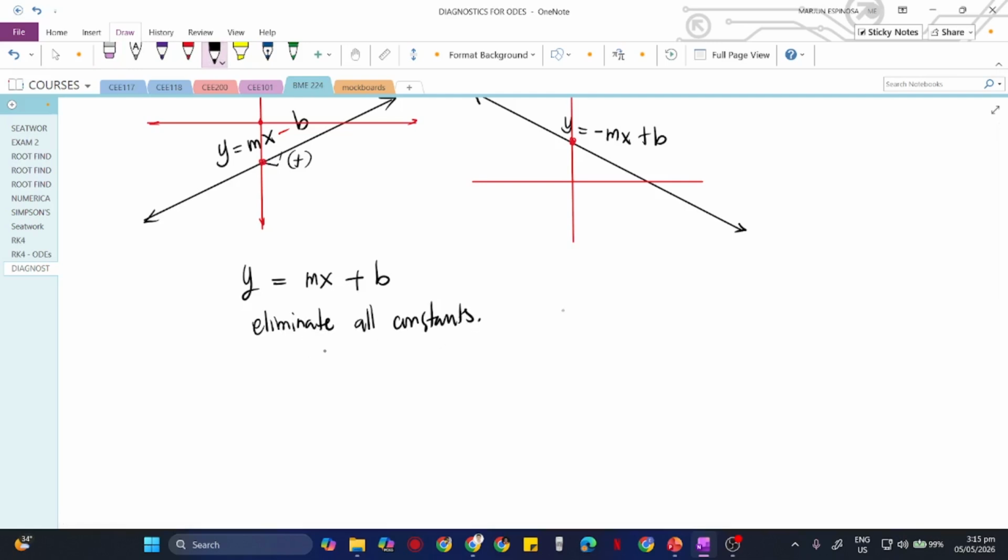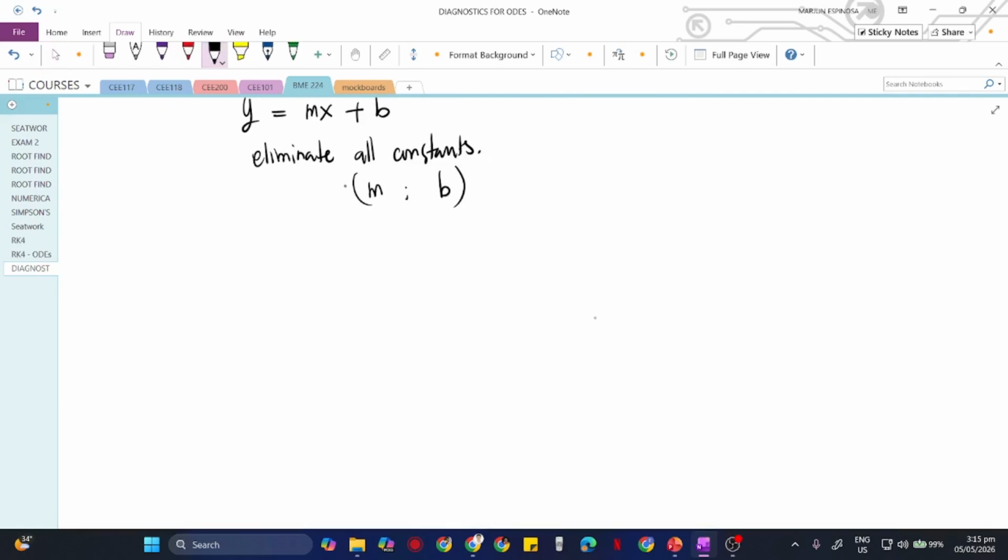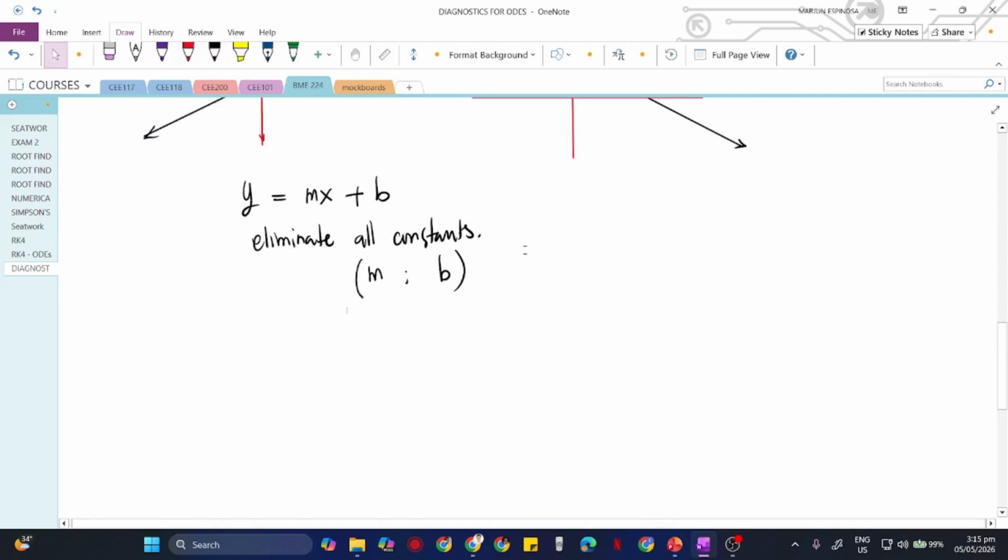So dito yung constants are yung m at saka yung b. These are the constants. We need to eliminate that one. So to eliminate that one, we will basically take the differential of all terms such that we will be able to come up with an equation that has no constant at all.